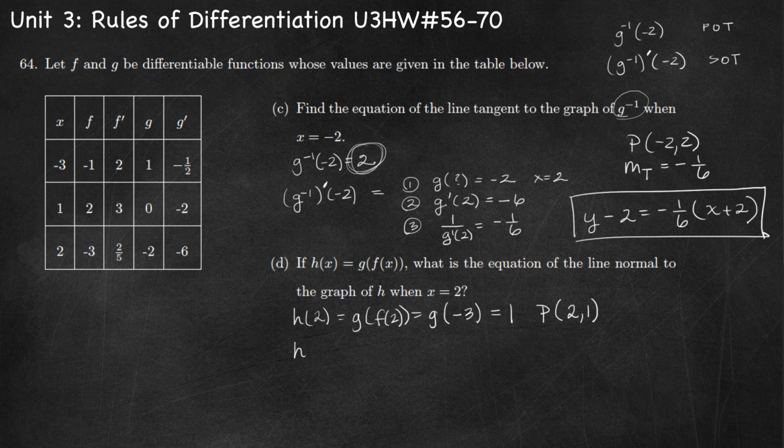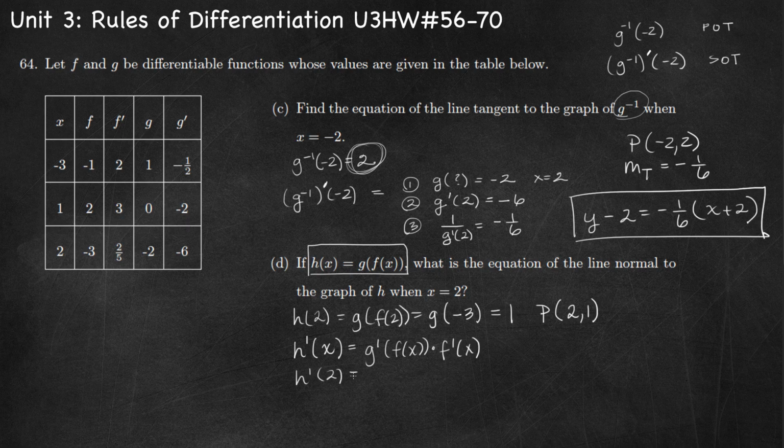Now I need to find h prime of 2, but before that I have to find h prime of x, and then we'll substitute in the 2. So h prime of x, we're going to use the chain rule. Here's h of x. H is g of f of x. So the derivative of g of f of x is g prime of f of x times f prime of x.